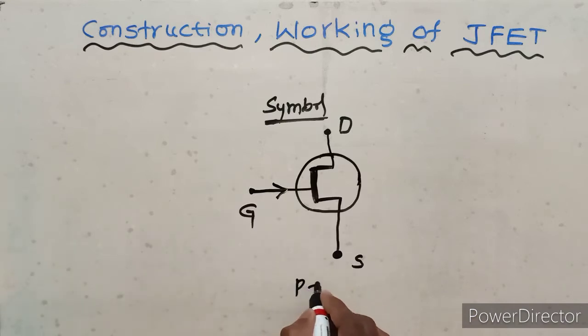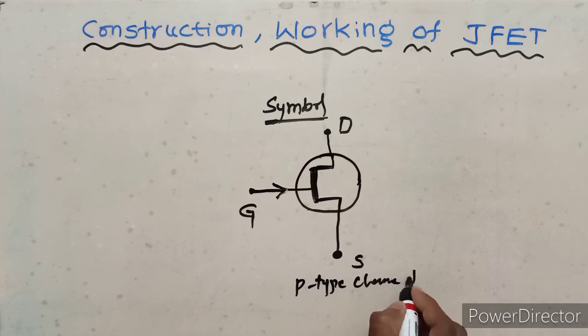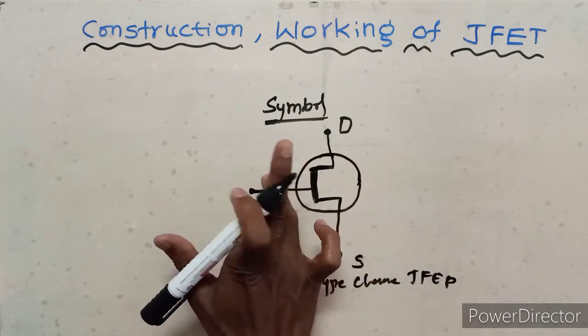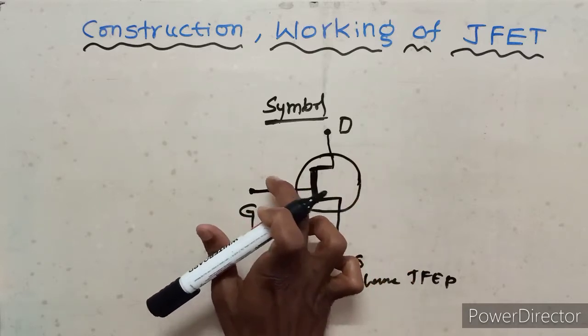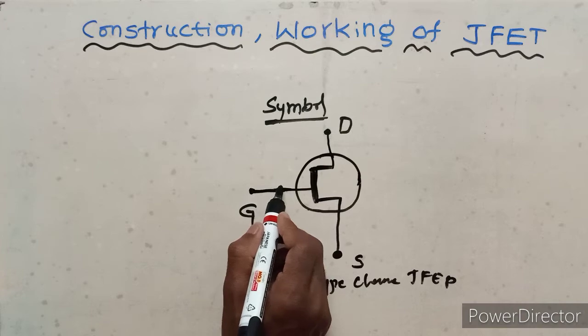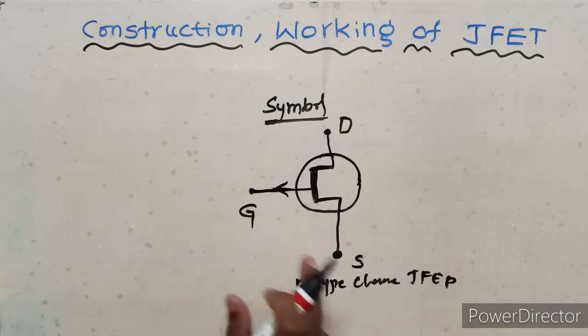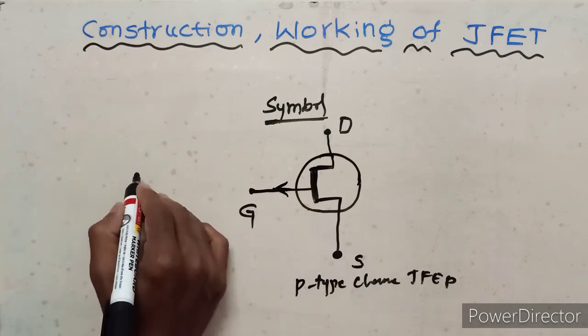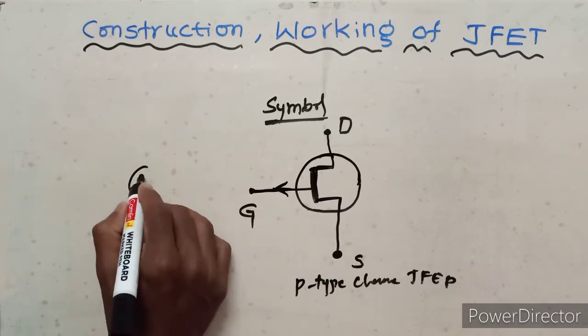This is the P type channel JFET, where the arrow mark points in the opposite direction. This is the P type channel, this is the N type channel.